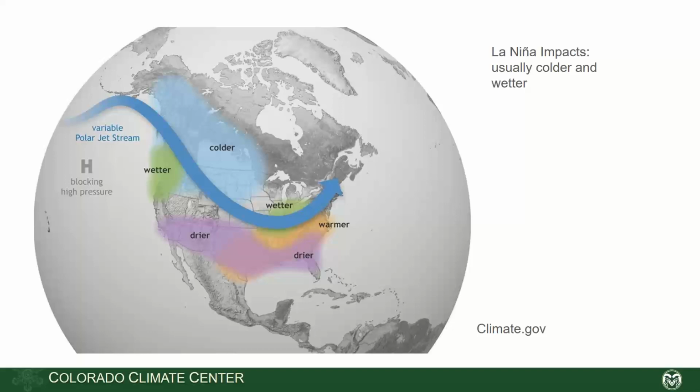And so we see a lot of our low pressure systems develop on the lee side of the Rocky Mountains, or eastern side of the Rocky Mountains. And as those track across our region, across the Central Plains, they pick up steam, and eventually once they reach the Ohio River Valley, pick up some moisture from the Gulf of Mexico, and we tend to see a wetter pattern in that area during La Niña years.